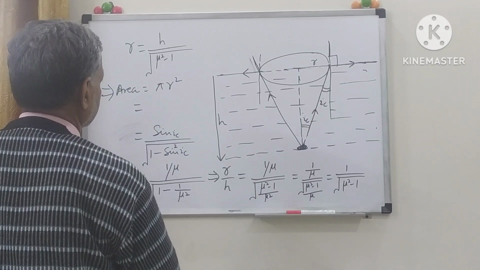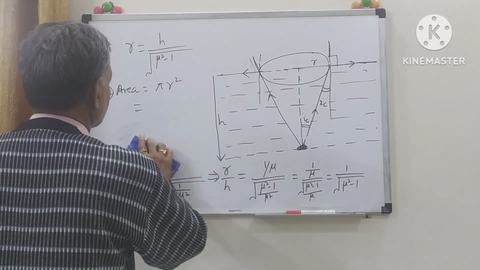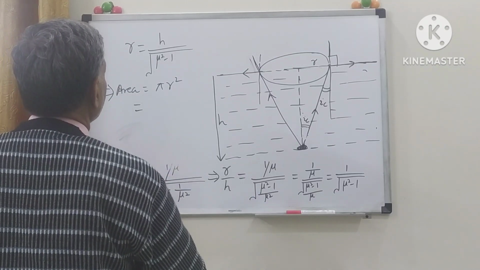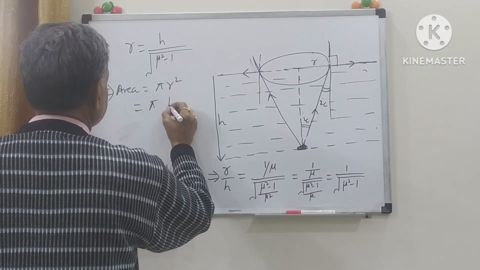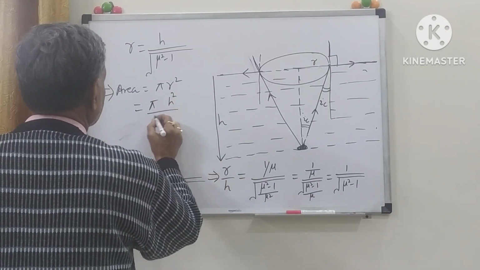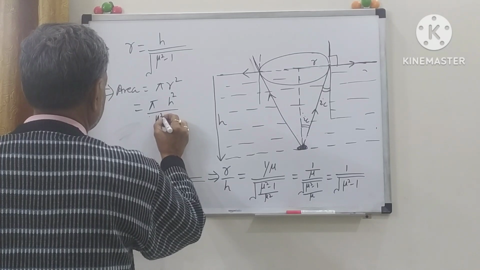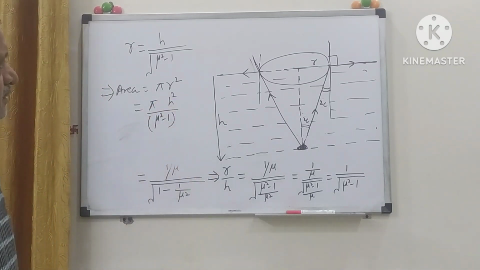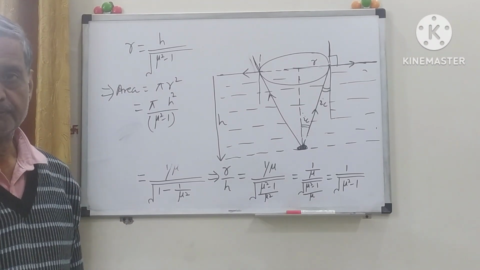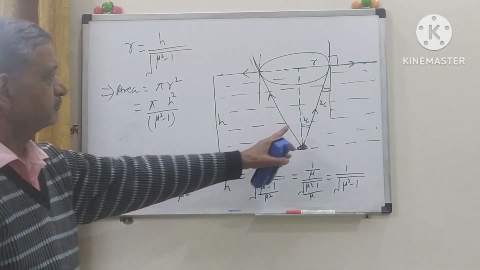So that will be pi h square upon under root mu square minus 1 whole square, it means mu square minus 1. So through this area the light is coming out. Clear?